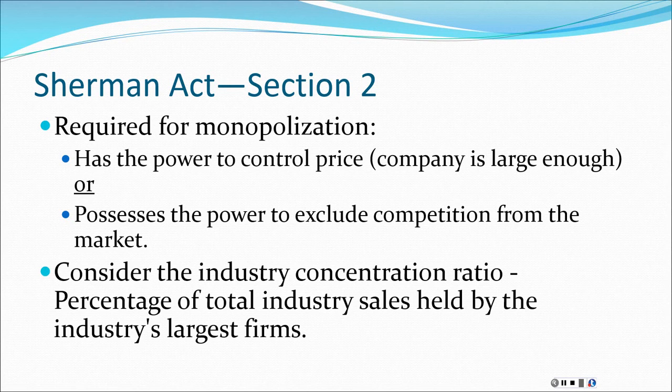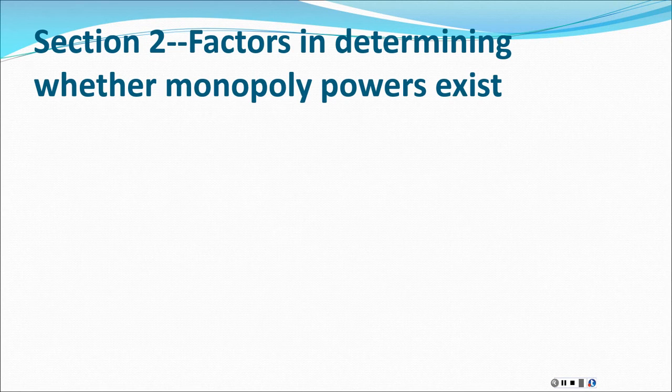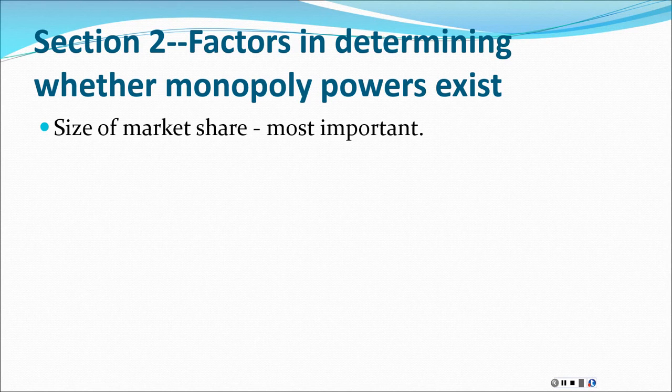This gives you a measure of how much competition is out there, simply because of the power to control price or entry into the market. The factors in determining whether monopoly powers exist, well, there are several, and here we're simply borrowing from microeconomics. In fact, a lot of this material here is from microeconomics.